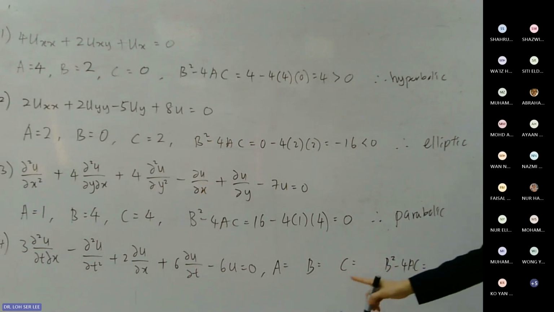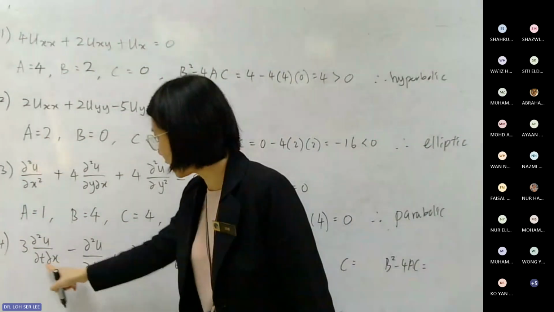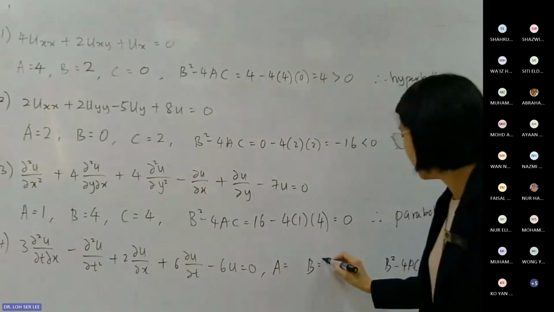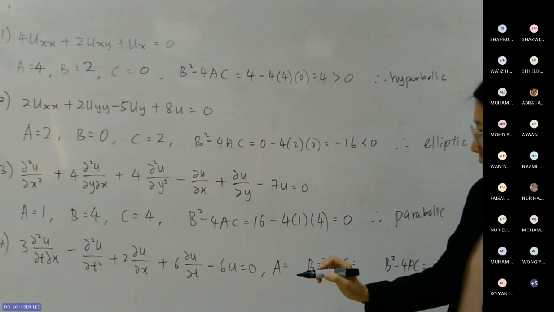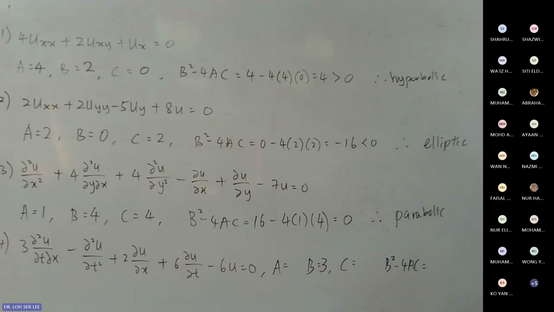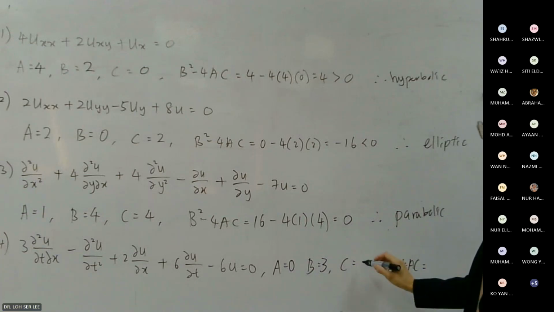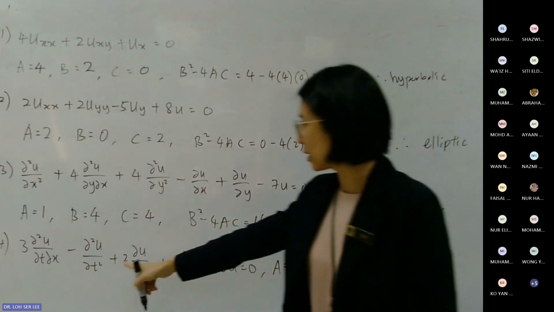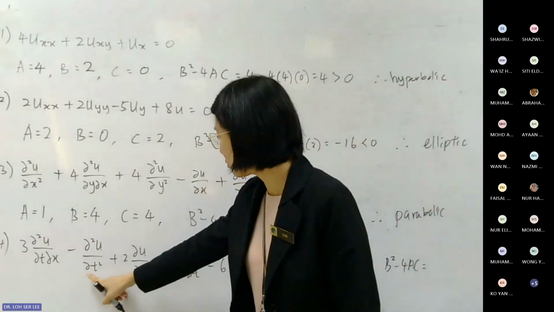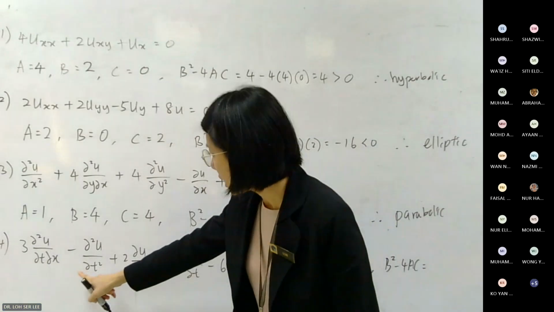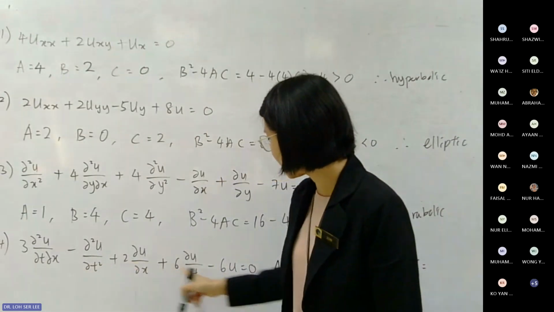And the last one, your B is 3. The one from mix, B is 3. So your A is, if your A is 0, what is your C? Negative 1. You have only UTT. You do not have UXX.